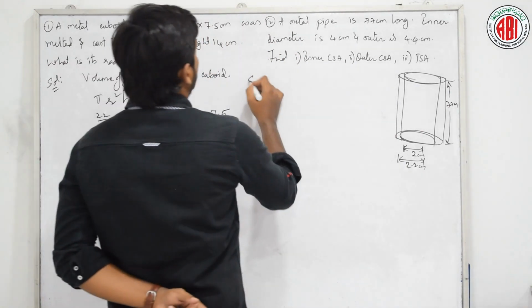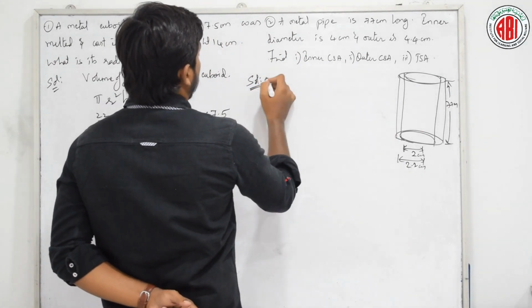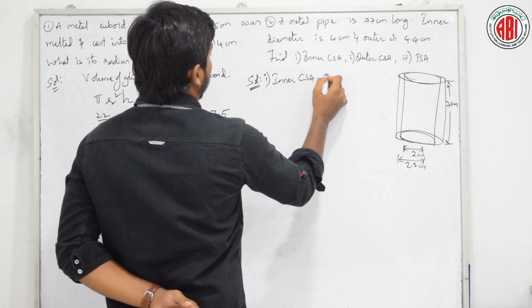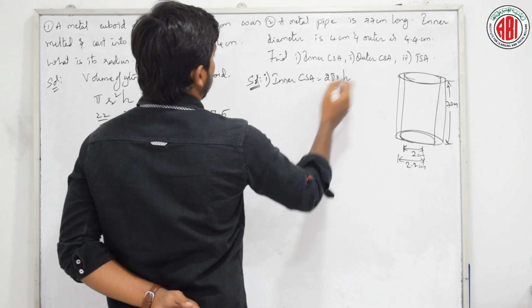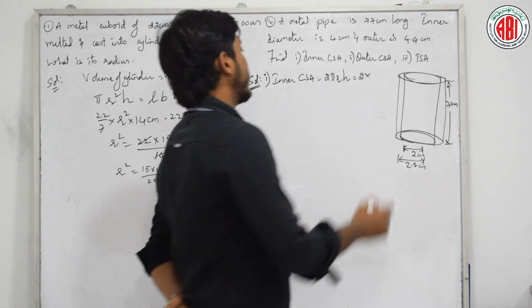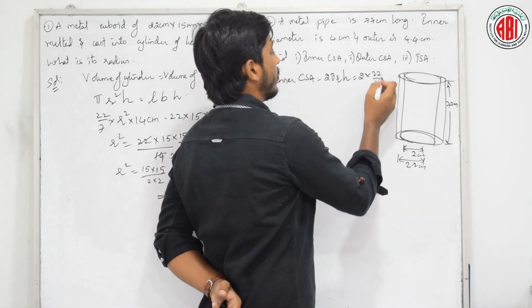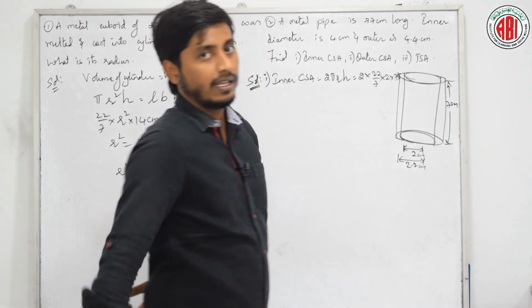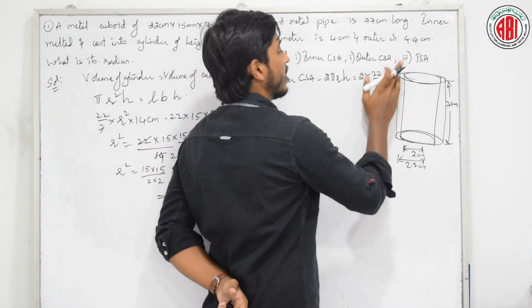Fine. Now tell me, what is inner CSA? That is 2 pi r h, right? What is inner radius now? Inner radius is 2, height is 77. Don't get confused.